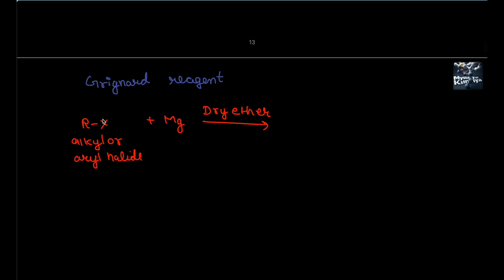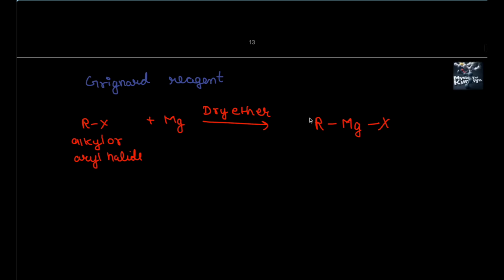Here the magnesium donates electrons to the carbon-halogen bond and basically forms RMgX. Here you will see that carbon and magnesium have a bond. That's why it is an organometallic compound.